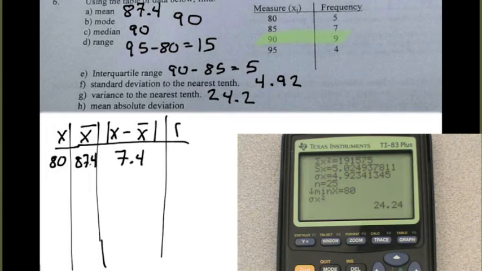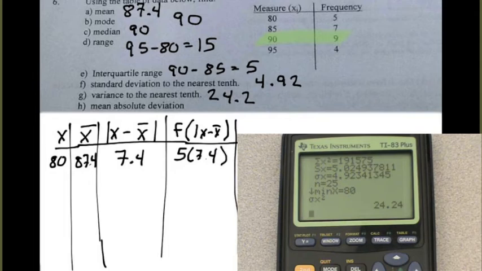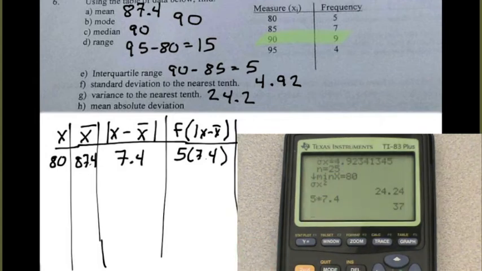And in this case, when you do the frequency times that last column, it will be 5 times 7.4, which is 37.